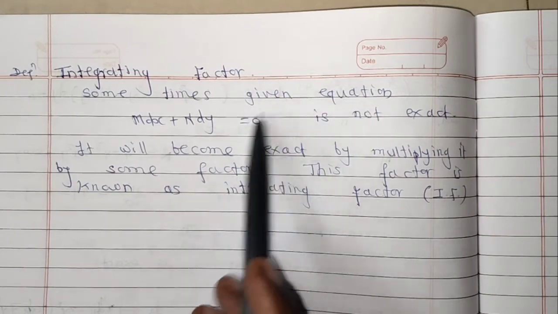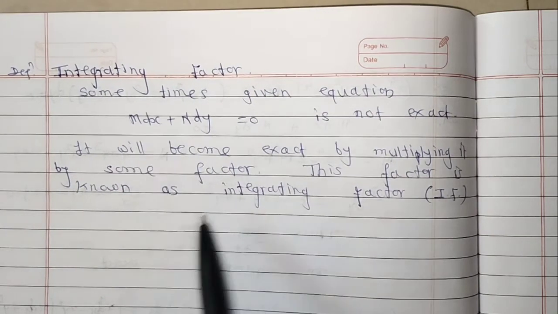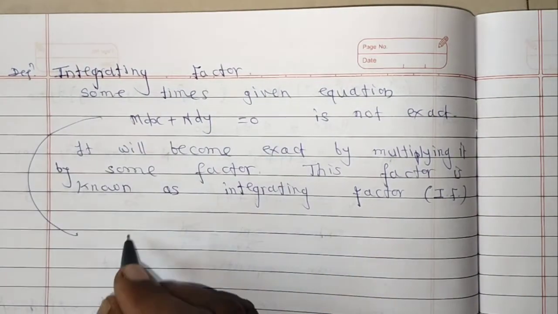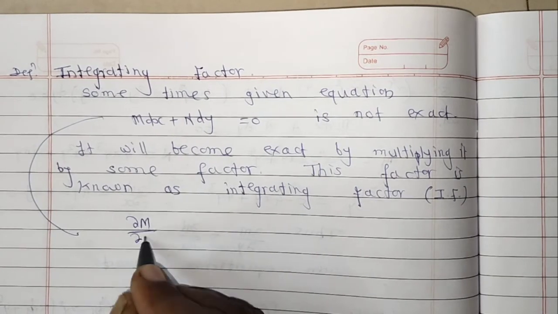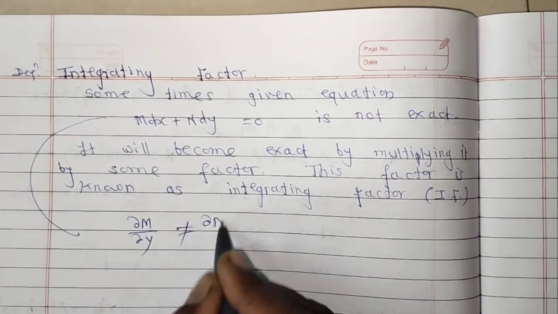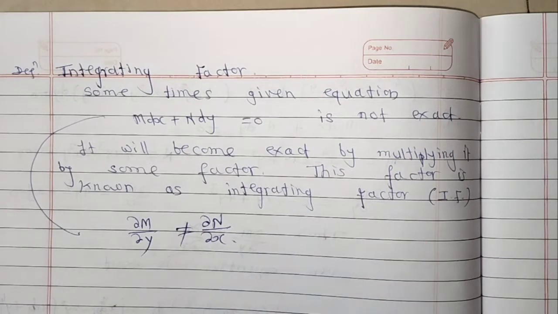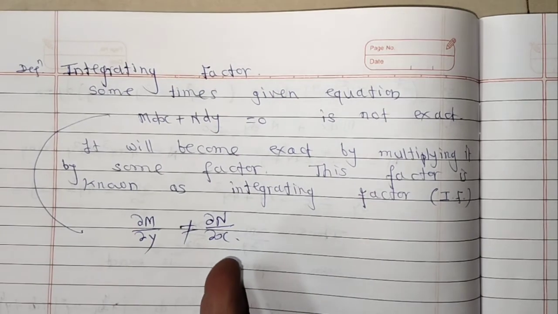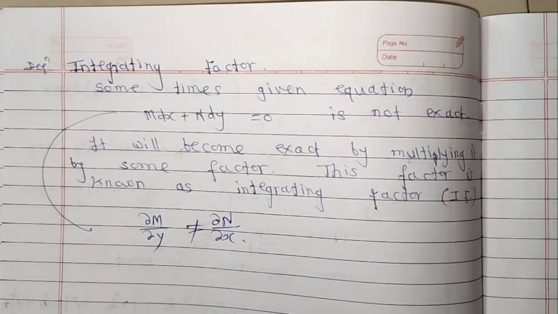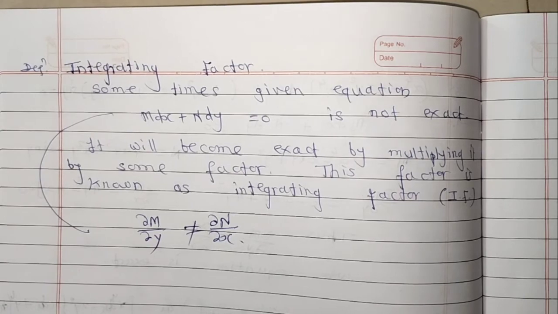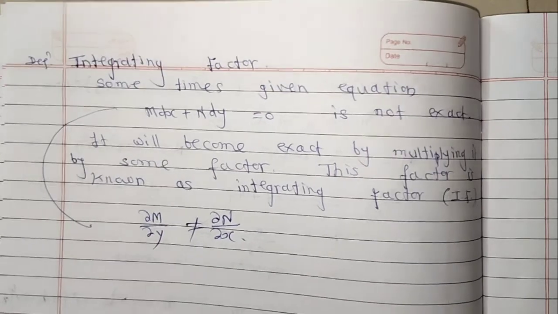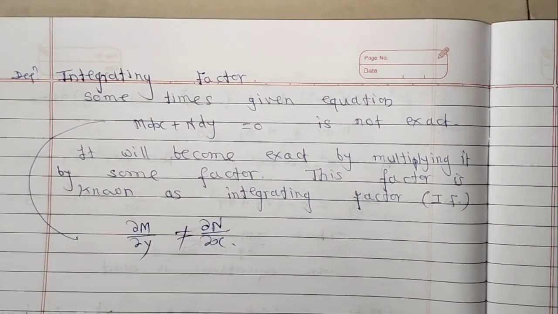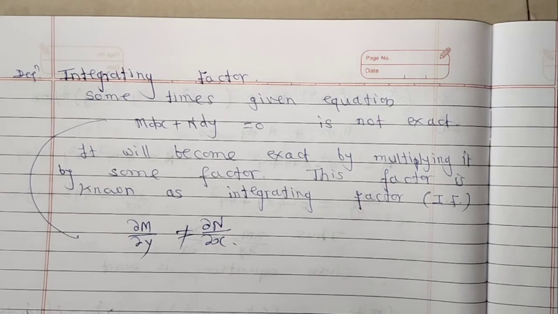That means ∂M/∂y is not equal to ∂N/∂x. If this condition is not satisfied, then we cannot solve this equation directly, so there is a problem of how to solve it.